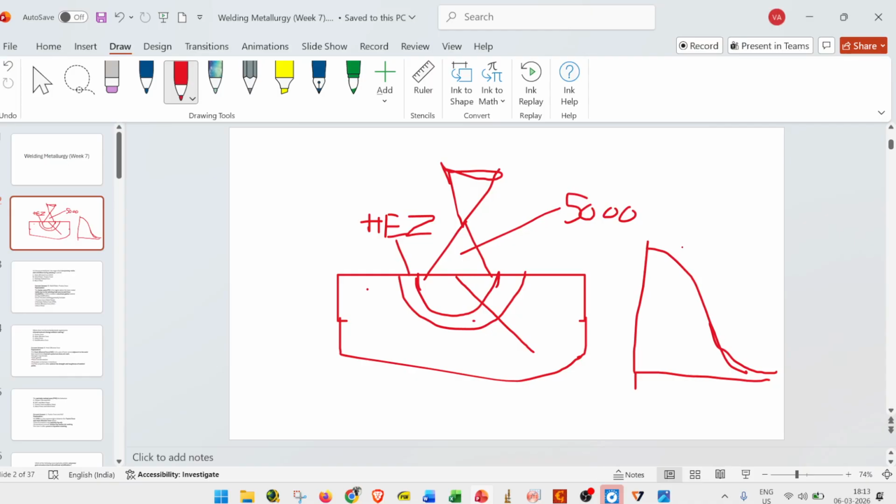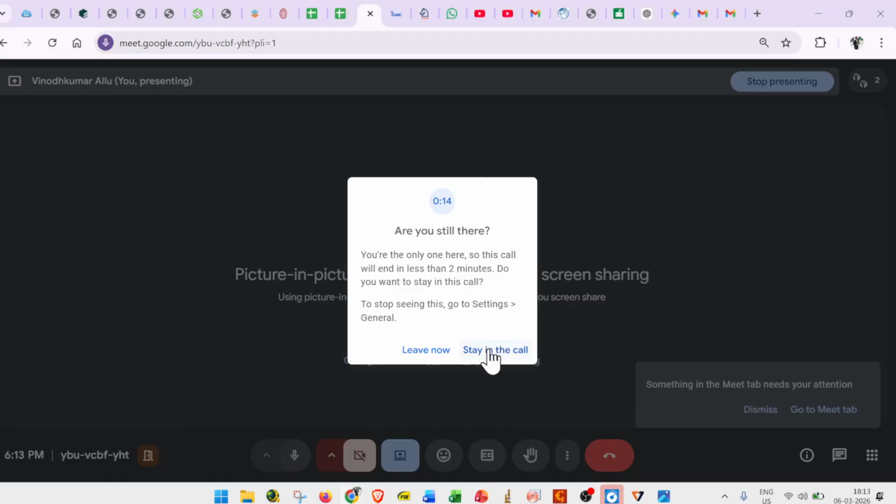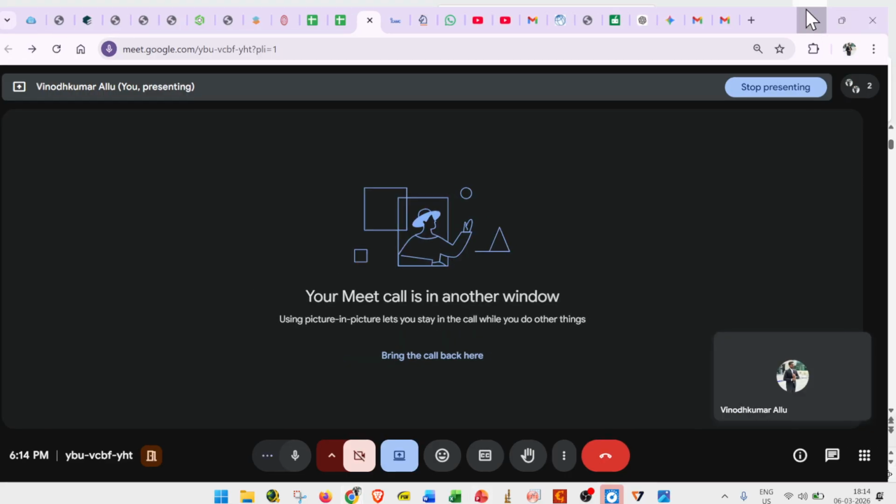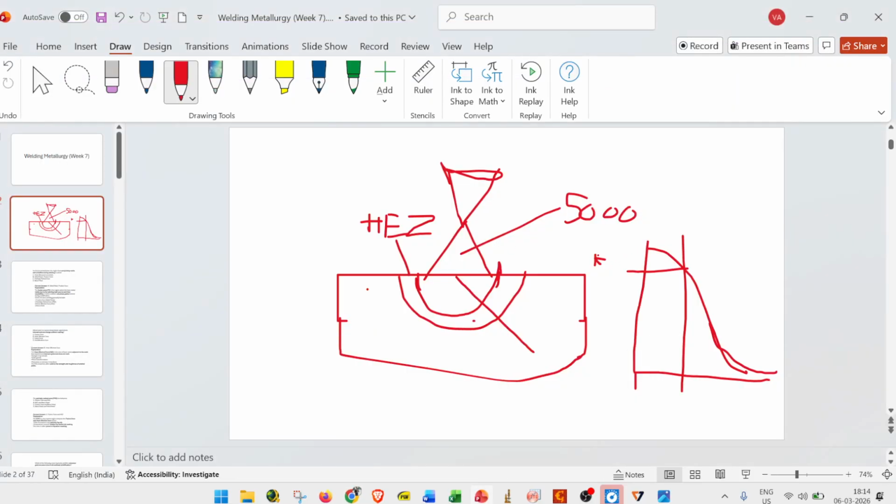Okay, so here is the fusion zone. In the iron case, this point will be nearly 1500 degrees, and this point will be the heat affected zone.